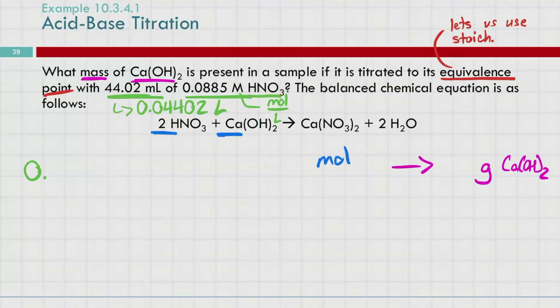So we can get to grams of calcium hydroxide from moles of calcium hydroxide using what? It's not molarity. Molarity is moles and liters. Molar mass, because molar mass has grams and moles. And we can calculate a molar mass for calcium hydroxide. We'll do that in a bit.